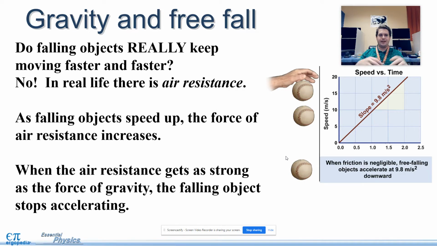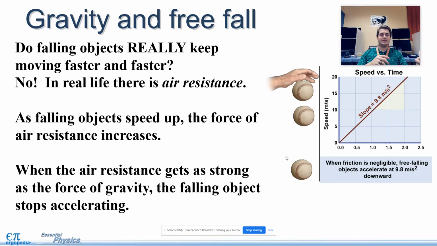Simply put, air resistance is the force of air resisting a falling object. And so it's going to speed up and speed up, but as it speeds up, that resistance gets stronger. The amount of air pushing up on it increases its force, okay?